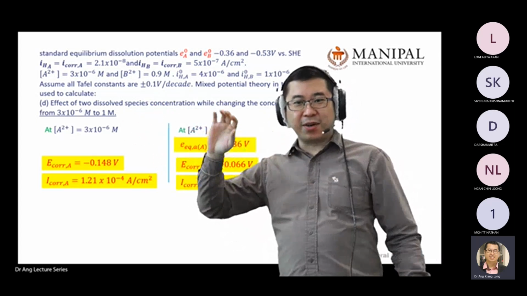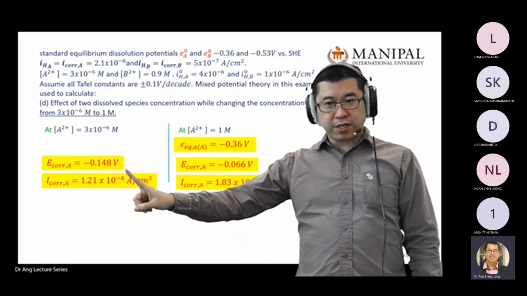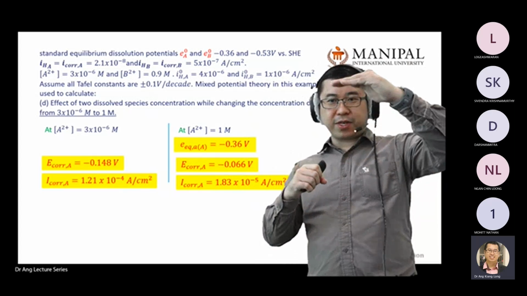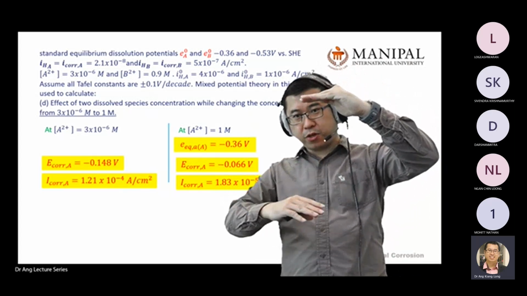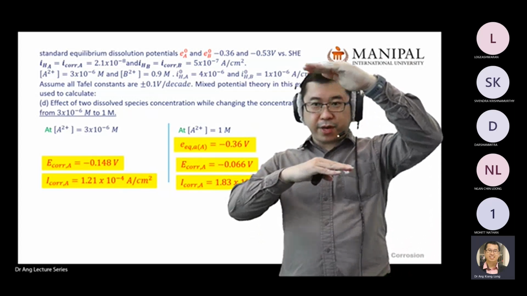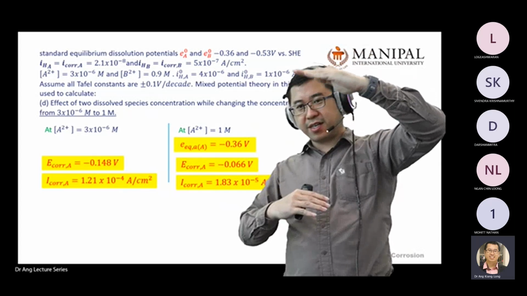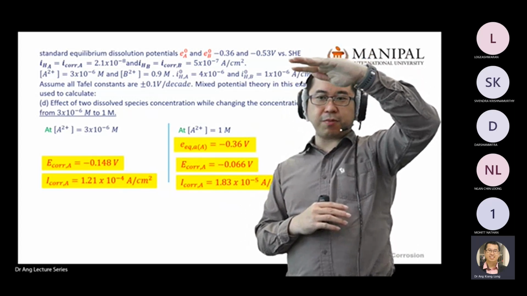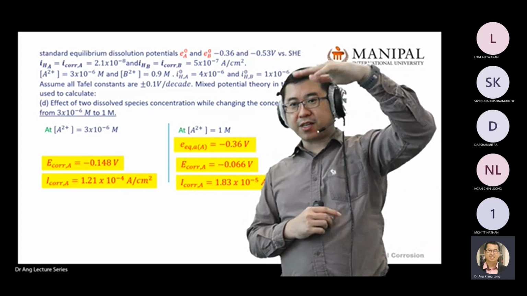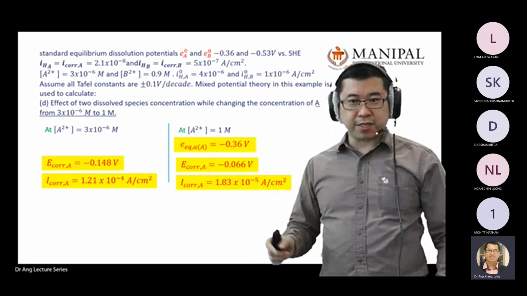Which is more positive or more negative? So the voltage reduced. From here, you can see high nobility, low nobility. Corrosion happens when you have a difference of nobility. If you increase further the concentration of the higher nobility, you can control the corrosion. You can control the galvanic corrosion from this example.